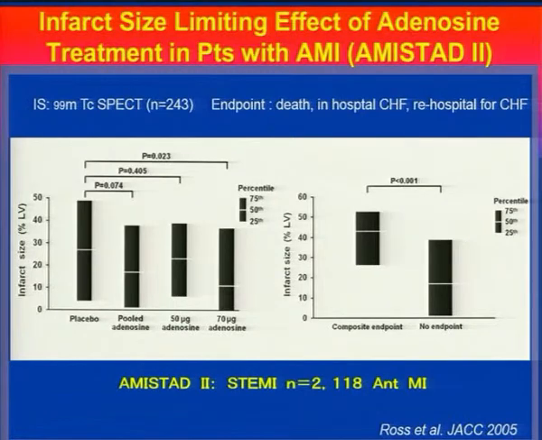And this is the infarct size here, and the composite endpoint, that is death, hospital heart failure or rehospitalization. Composite endpoint positive patients have a higher infarct size. So decreasing infarct size is good for the patients to reduce the endpoint.